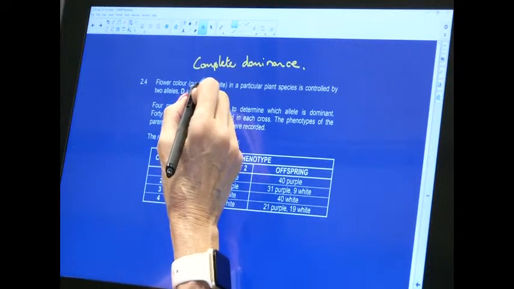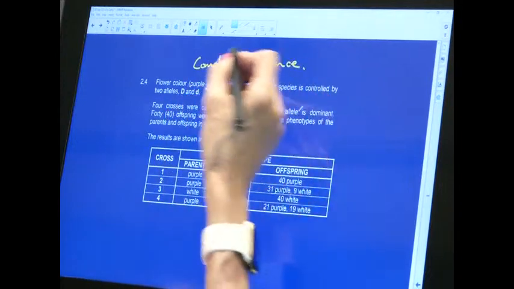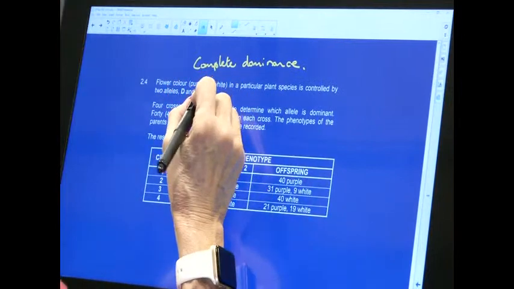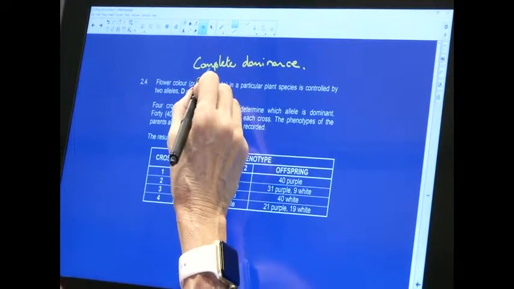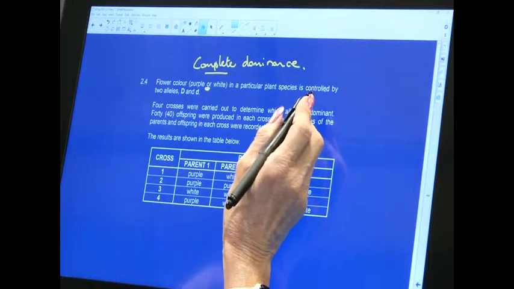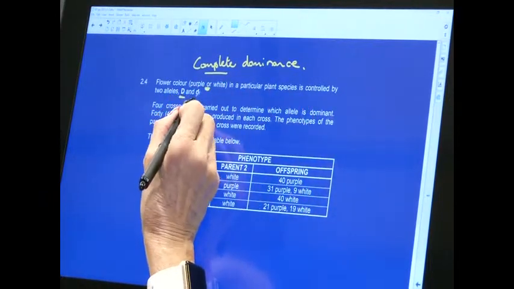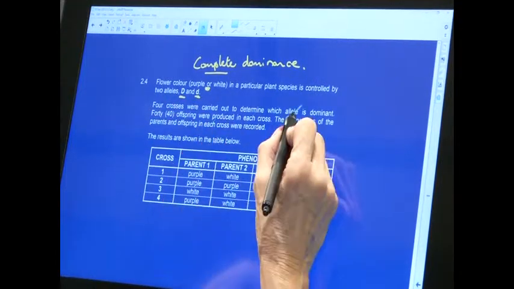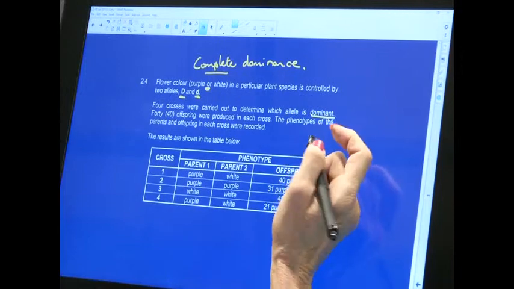And if they said purple with white markings, you can end up with codominance. Okay, so the fact that they say purple or white, it's complete dominance. Okay, in a particular plant species controlled by two alleles, D and d, 4 crosses were carried out to determine which allele is dominant.